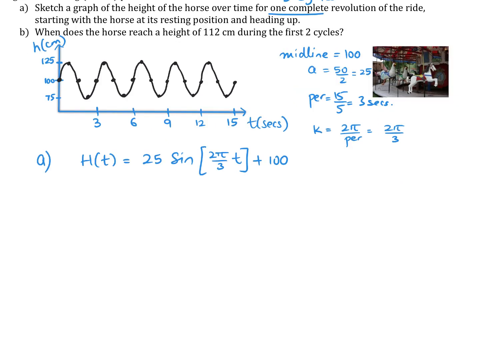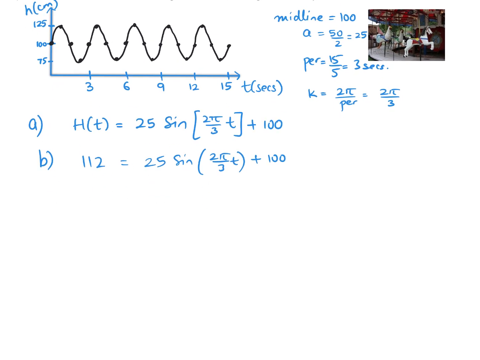Part B for this question requires you to find the time when the horse reaches a height of 112 centimeters during the first 2 cycles. To determine the time, we're going to set our equation equal to 112. So 112 equals 25 sine of 2 pi over 3t plus 100. To determine t, we're going to isolate and solve.